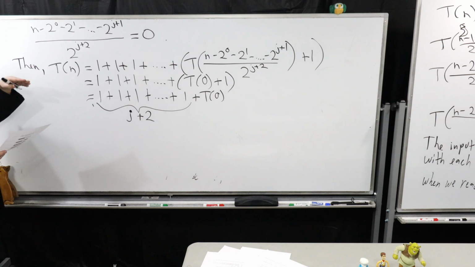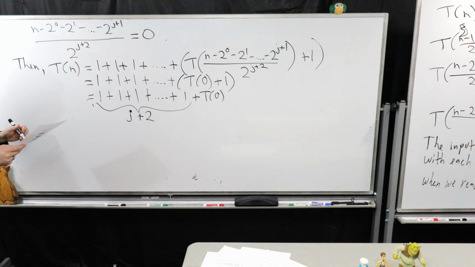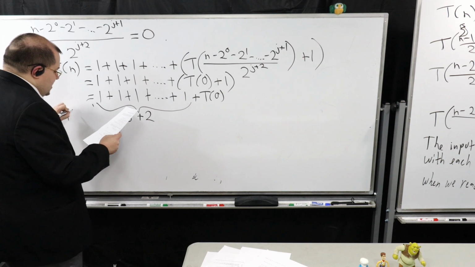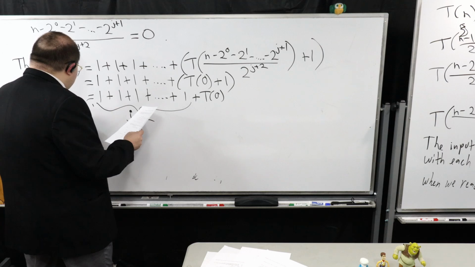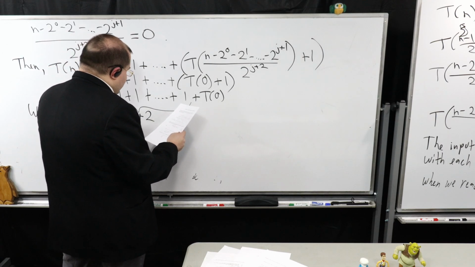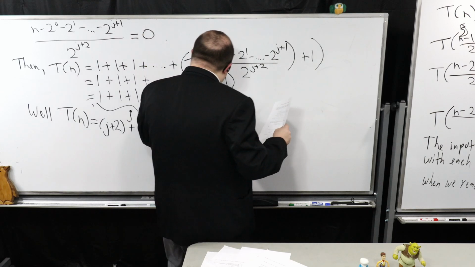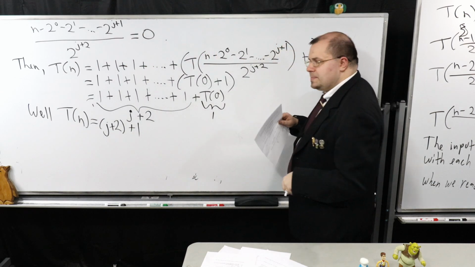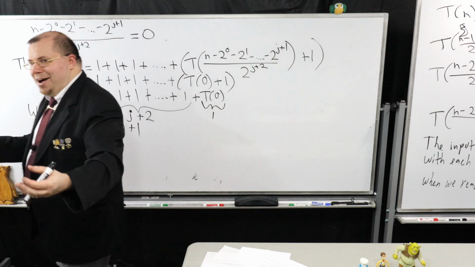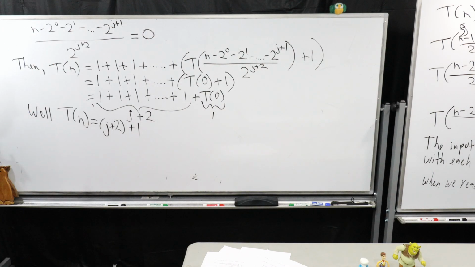So now I have a lovely equation I can write out that involves j. T of n is going to be equal to j plus 2 plus 1, because t of 0 is 1. Like I said, I'm spreading it out like an accordion so I can count how many there are.